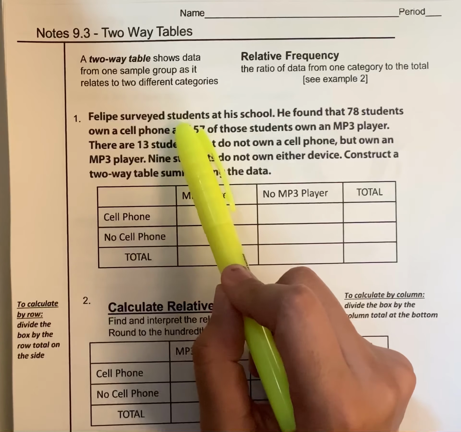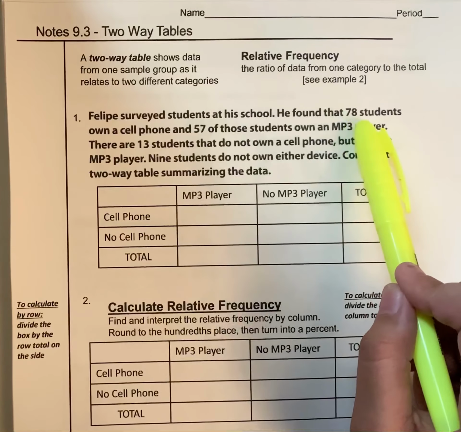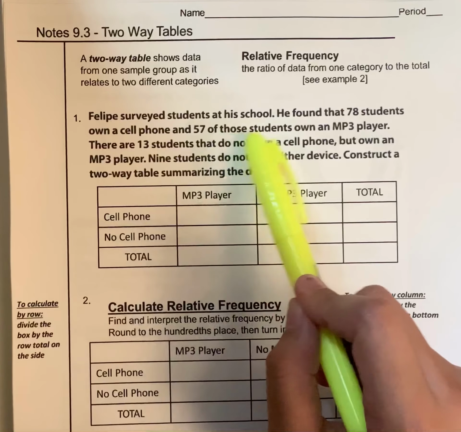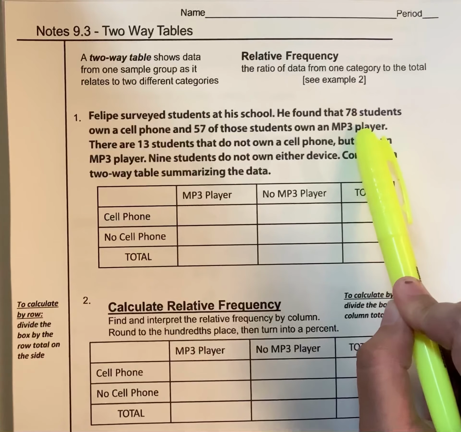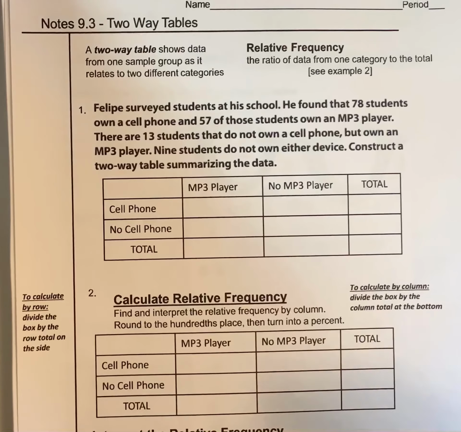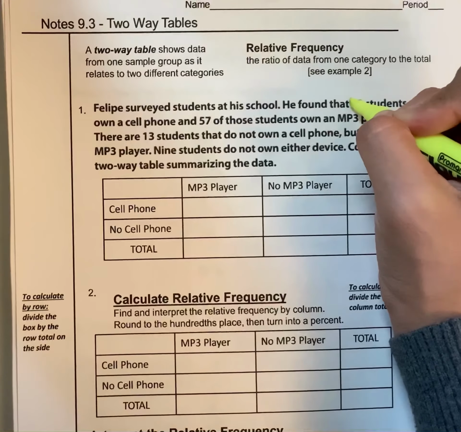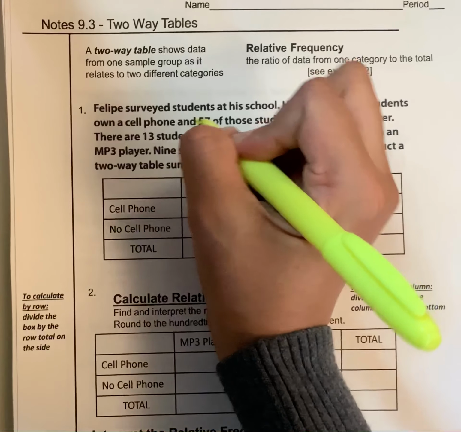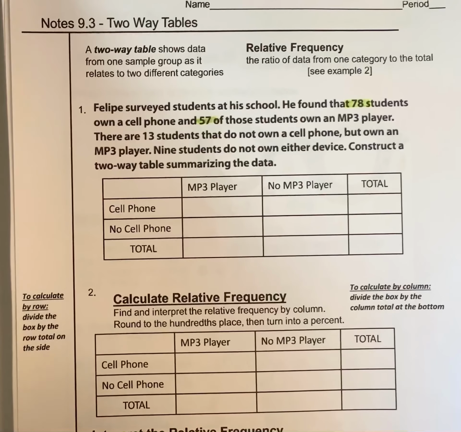Felipe surveyed students at his school. He found that 78 students own a cell phone and 57 of those students own an MP3 player. Before I continue the problem, I want to highlight important information in the problem. So I noticed the number 78 students own a cell phone and 57 of those students own an MP3 player.